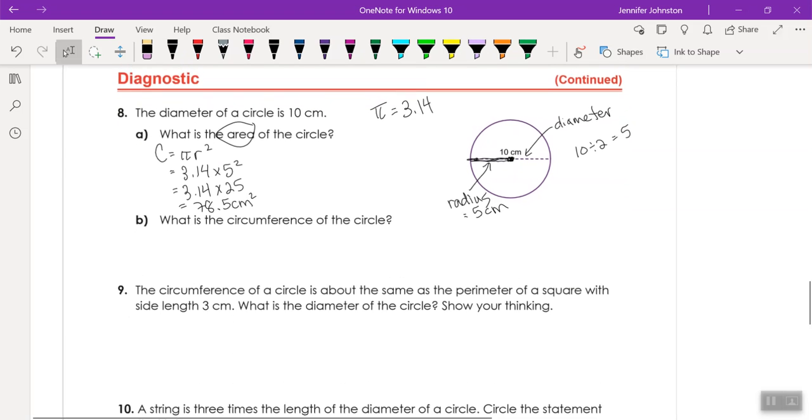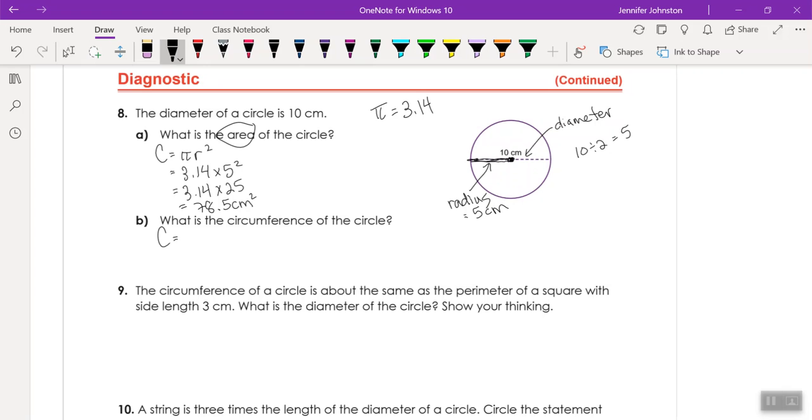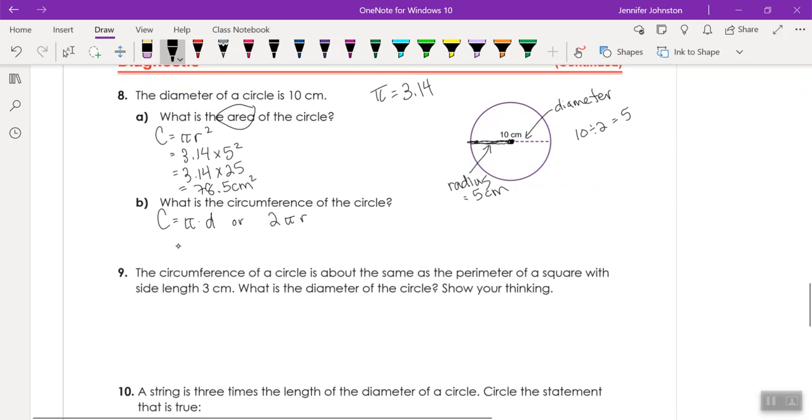All right, and then the circumference. If you go ahead and look at your green sheet, you should see that the circumference is two different things. You can have pi times diameter, or you can write it as 2 pi times the radius. They're the exact same because the diameter is actually double the radius, so 2 r's. Okay, so let's just use this one.